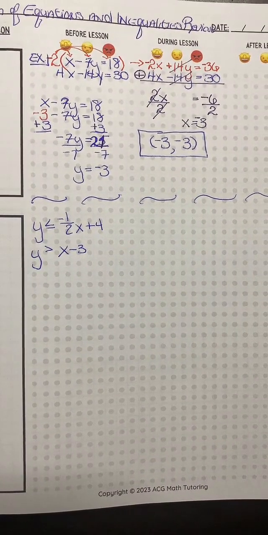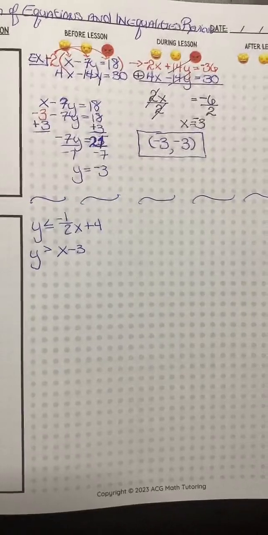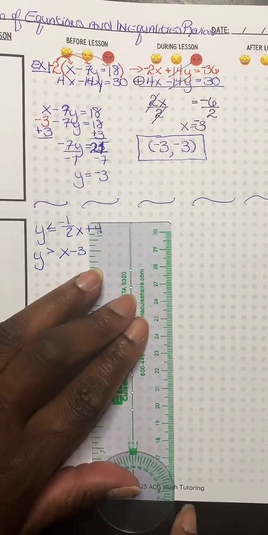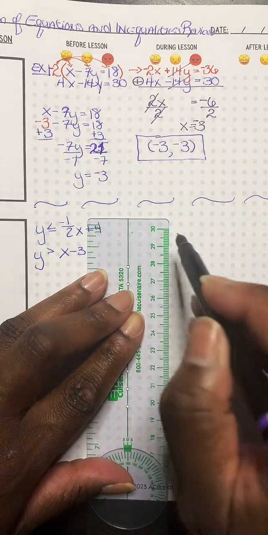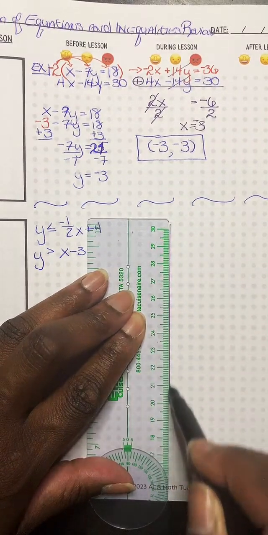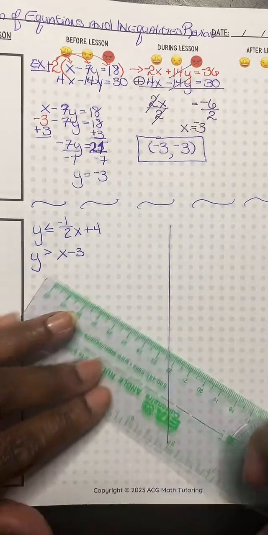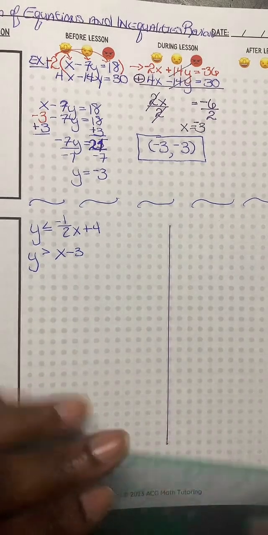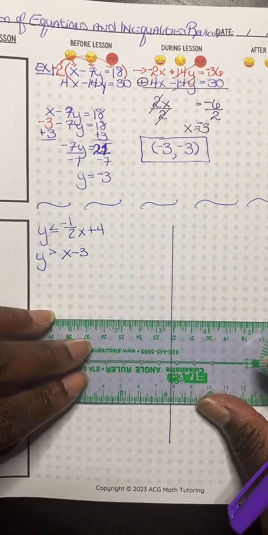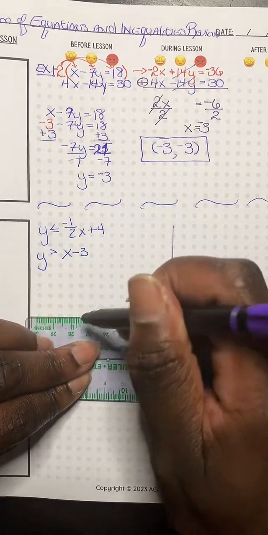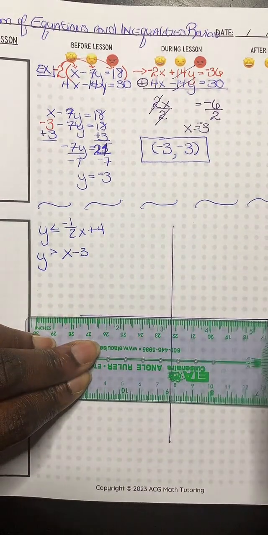Next thing that we need is our coordinate plane. So let's say, so we're going here, starting there and there. Yeah, we can be like right here. All right, so here's my coordinate plane.